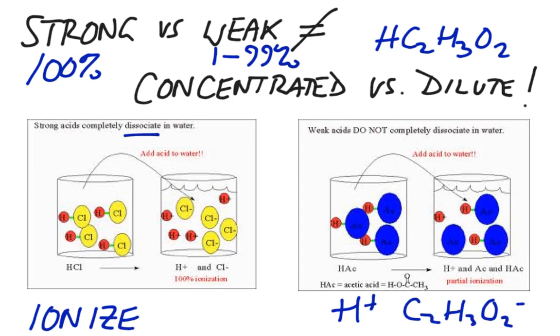It's partial ionization. Now we could get into a lot more depth about this in terms of the calculations associated with it, but the basic idea holds true. A weak acid or base does not have anything to do with concentration. It has everything to do with how it breaks apart in water into its constituent parts.